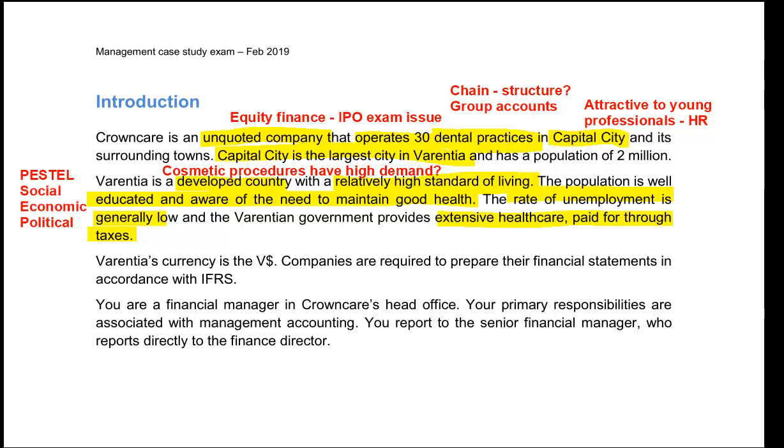Now, I would like to draw your attention back to this final point about the healthcare being paid for by the government. This raises the question of, is the government one of our customers? Is the health service that they're running similar to that of the UK, the NHS? I imagine this is going to have a similar name. Are they a customer?